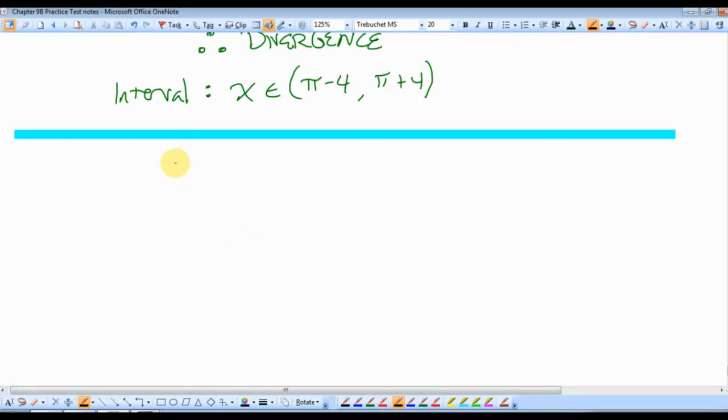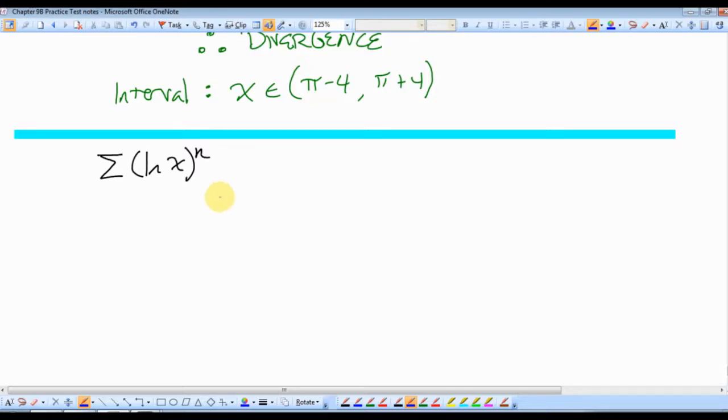Okay, interval of convergence. Natural log of x to the n. Okay, the series has an x, so it's a power series. The only n appears as an exponent, so this is geometric.